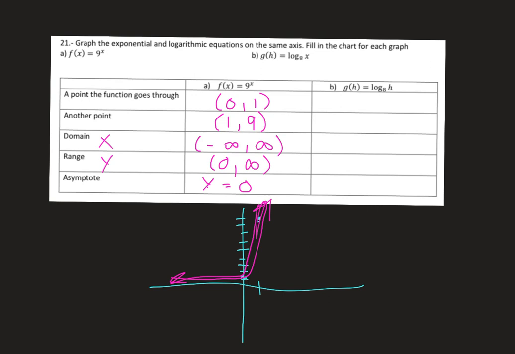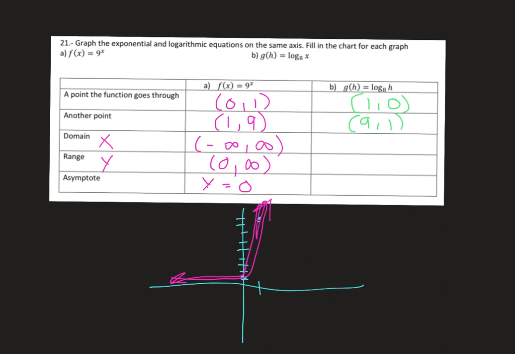Then we have our logarithms. Now logarithms sound super intimidating, but it's very easy actually. Logarithms and exponentials are inverses of each other, so their x and y points just switch. So in this case, instead of going through the point 0, 1, it's going to go through the point 1, 0. Instead of going through 1, 9, it's going to go through the point 9, 1.